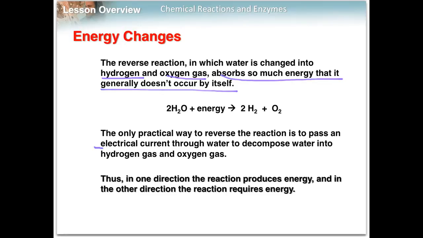It's almost like you take the same amount of energy that went all out of the reaction when the hydrogen and oxygen combine. Well, you've got to put energy back into it in order to get back to the hydrogen and oxygen separately. So, in one direction, the reaction produces energy, and in the other direction, the reaction requires energy.